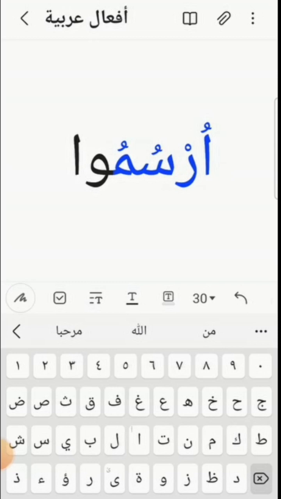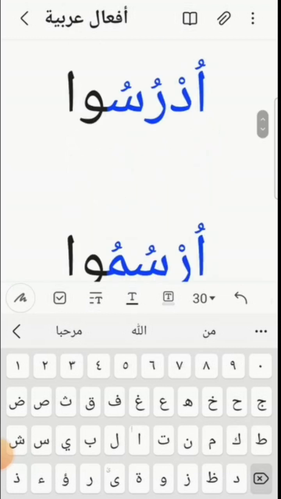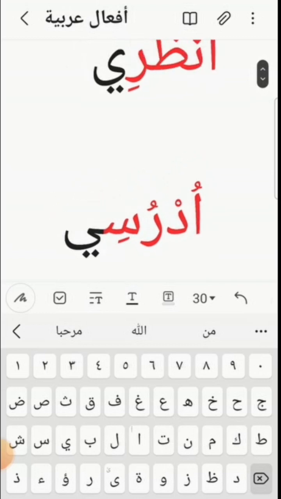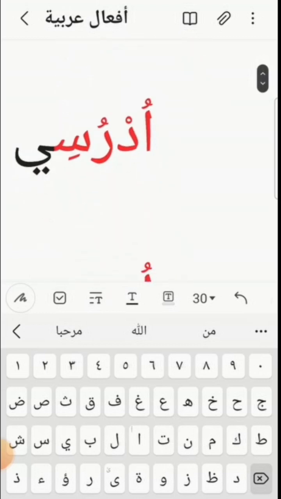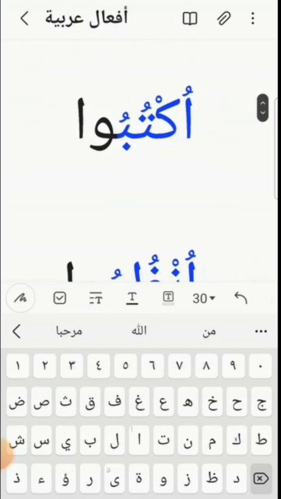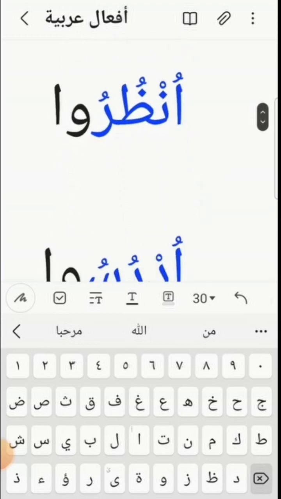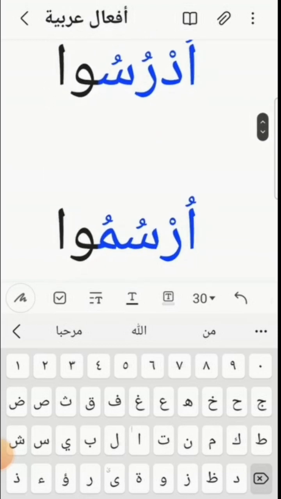Right, so I hope you understand that basically we were now looking at speaking to a lady or a female person, then we add the E sound. And if we speak to a group, we add the U sound. اكتبوا, انظروا, ادرسوا, ارسموا. And as I said, any other verb with that pattern, اخرجوا, ادخلوا.